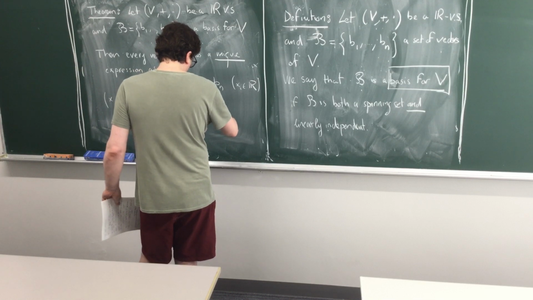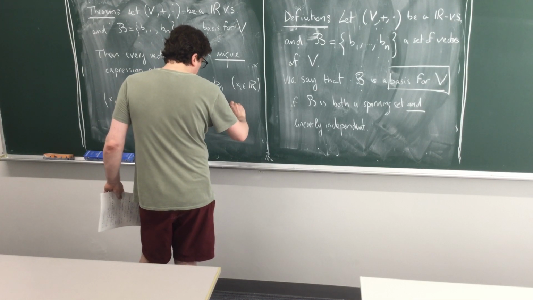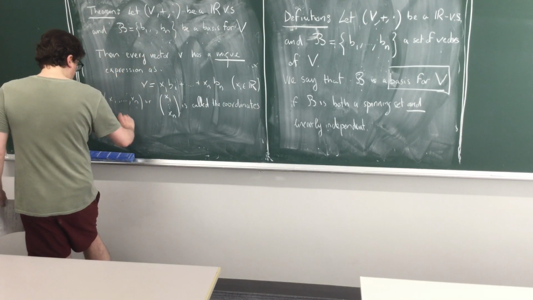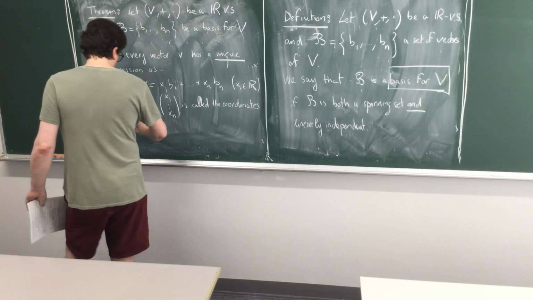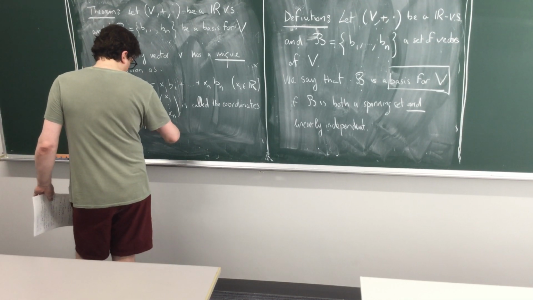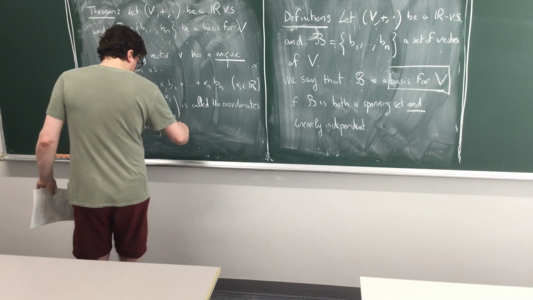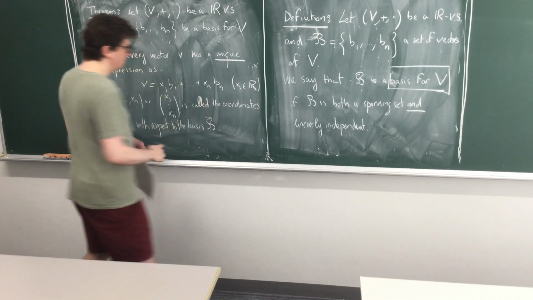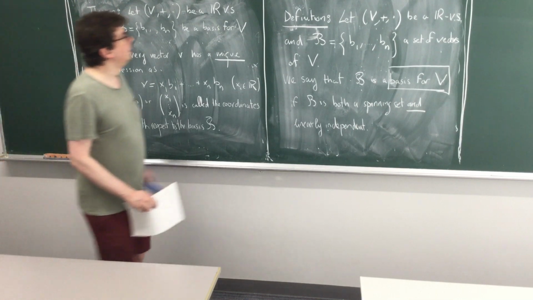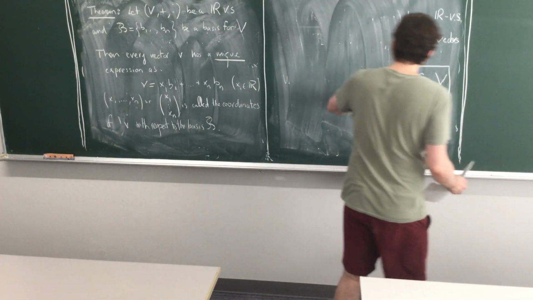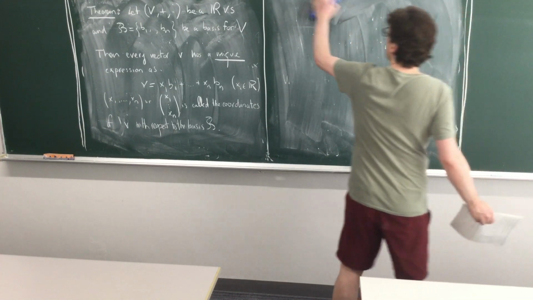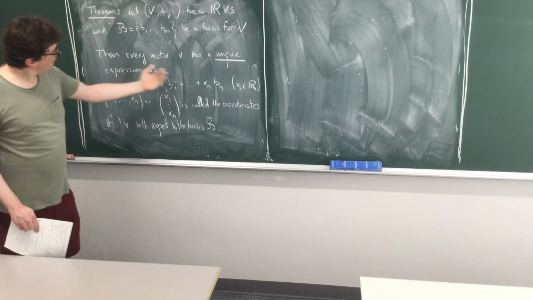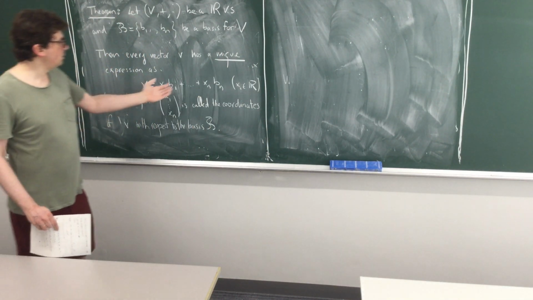This is then called the coordinate of your vector v with respect to the basis B. Okay? So once you have a basis, basically you can talk about the coordinates, and this coordinate is a unique way to express your vector as a linear combination x1 b1 plus xn bn.